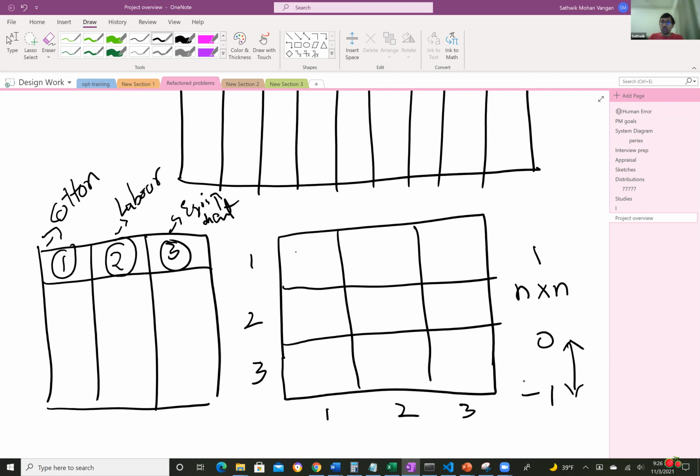So what happened here? My cost of equipment went up and my cost of labor went down. Or let's assume that I had very sophisticated equipment, but I decided to get rid of it and buy simpler equipment. But now I need more people, right?